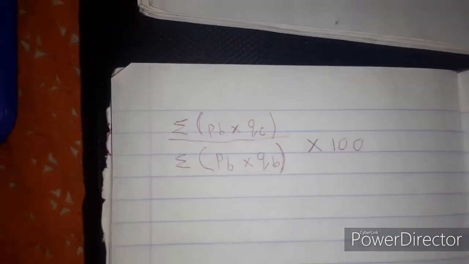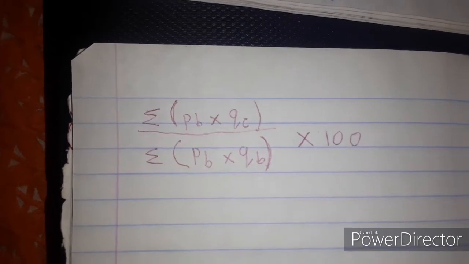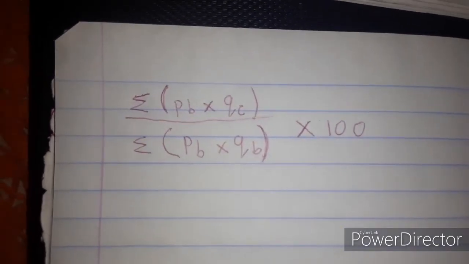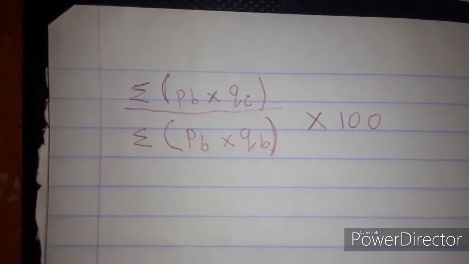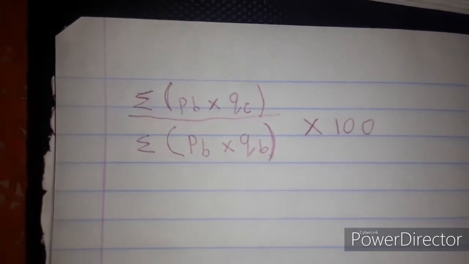Now, this is the formula for the Paasche quantity index, so we are required to calculate it.